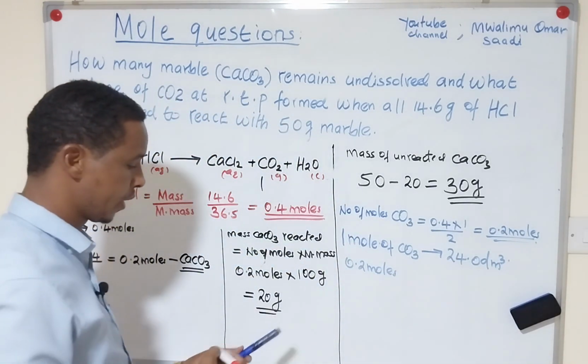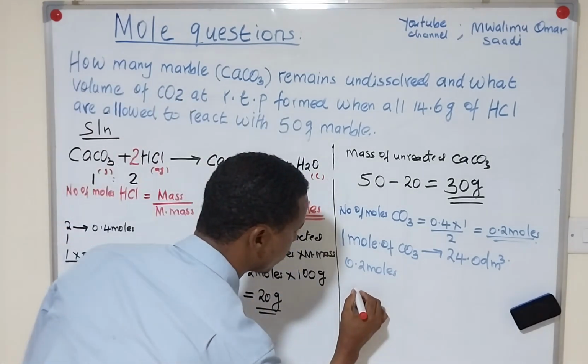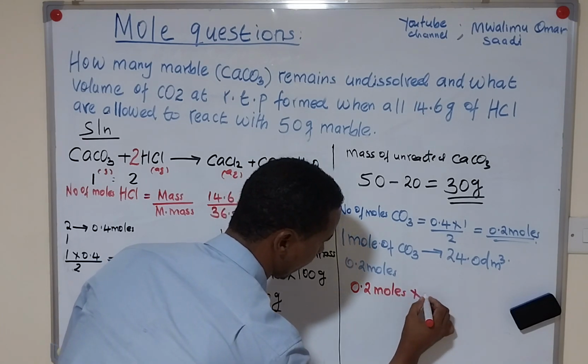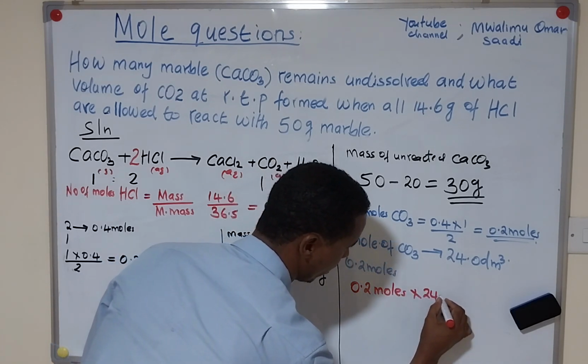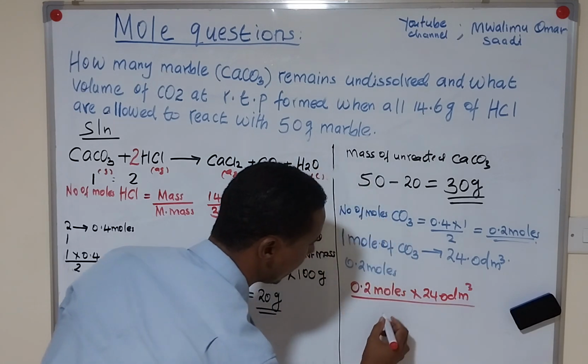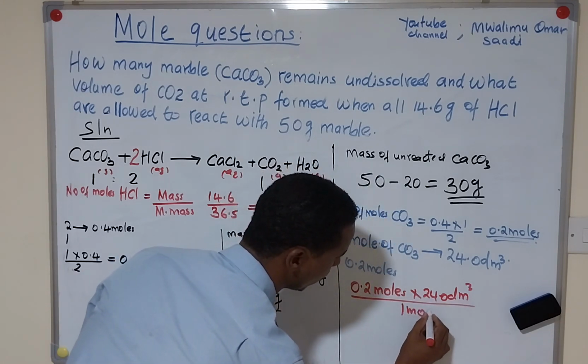That is 0.2 moles times 24 dm cube all over 1 mole.